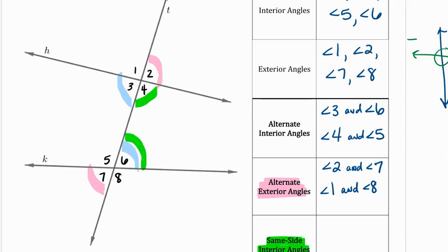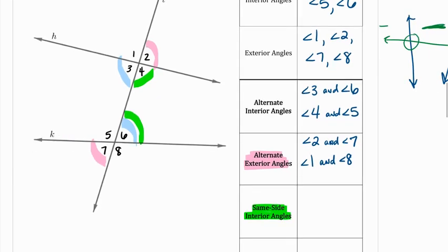It's on the same side of the transversal and in the interior of our two lines. So one pair of same side interior angles would be angle 4 and angle 6, and the other pair would be angle 3 and angle 5. Those are both on the interior and on the same side of the transversal.